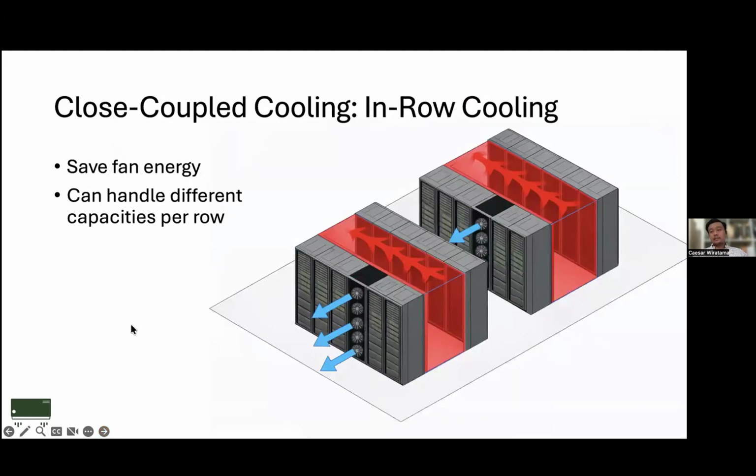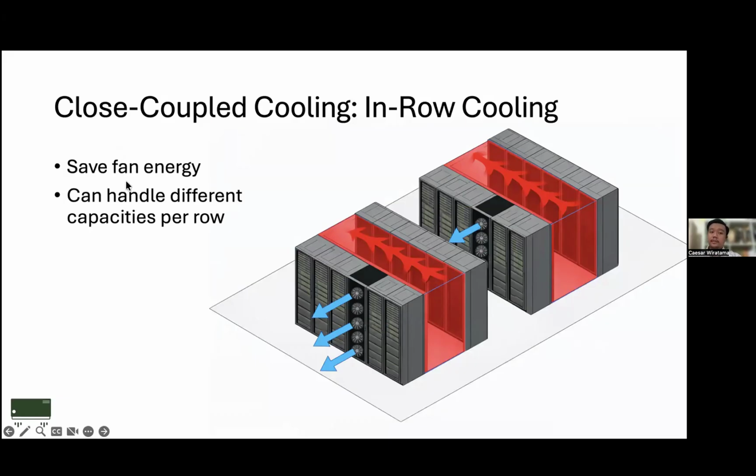And the last strategy that we can also use is in-row cooling. So in each row, we modify one of the racks to use local fans here. So we don't have to make the raised floor to make the cooling possible.